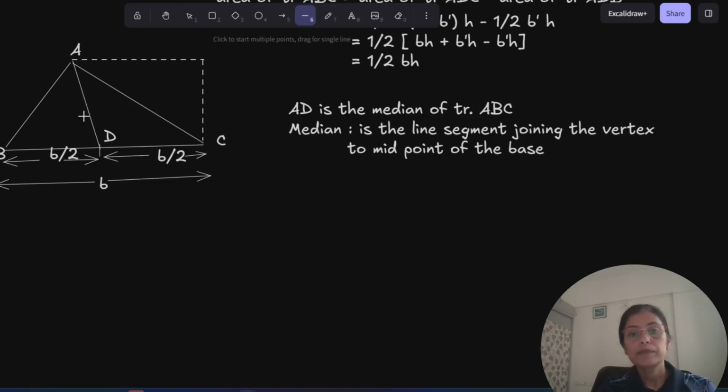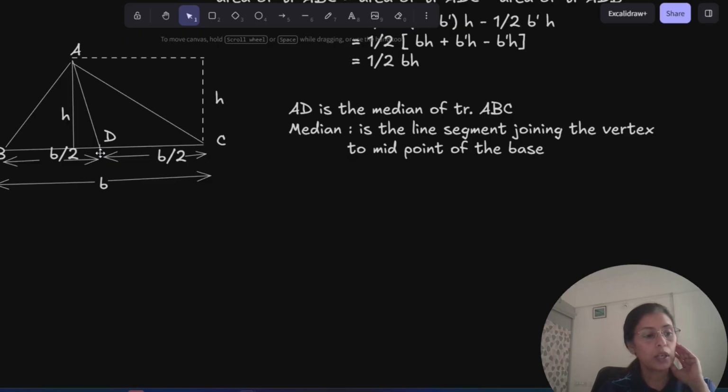So see here, if I can draw a perpendicular line from A to BC, that is going to be the height h. Okay. And this is parallel to that. So this is also going to be h, right? So this is h, and the base is b by 2, b by 2. So now we consider the two triangles.